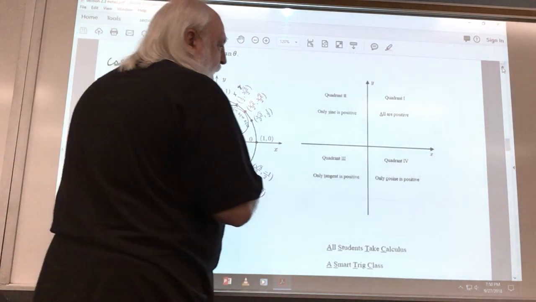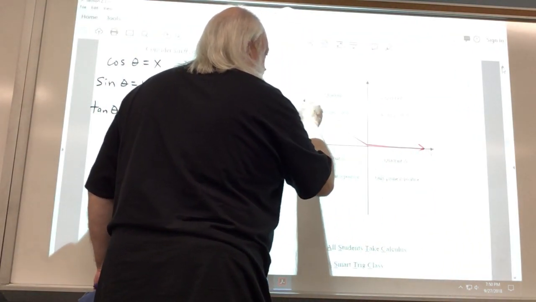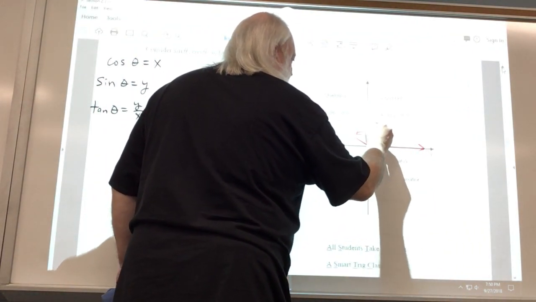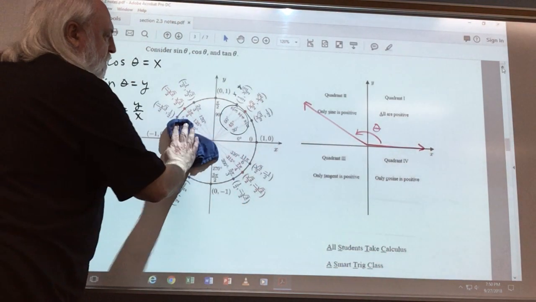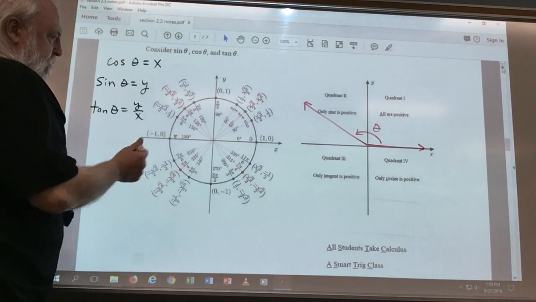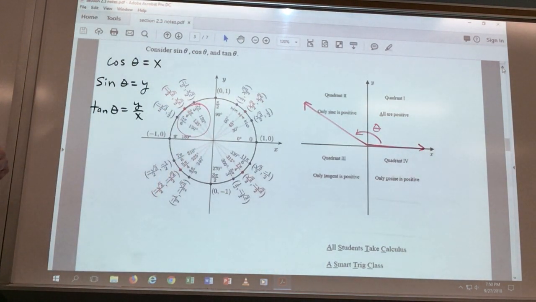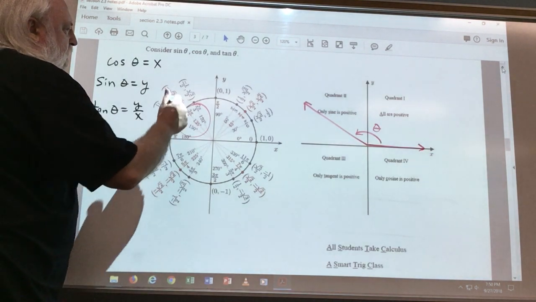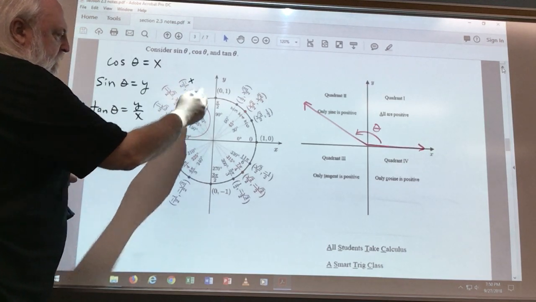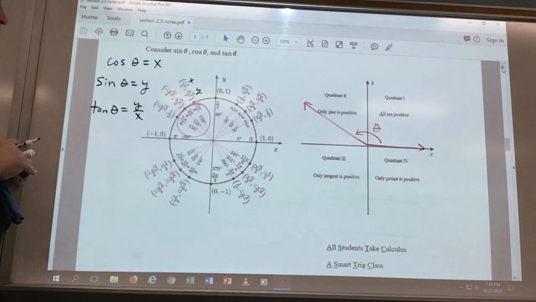For angles in the second quadrant, here's an example of an angle theta in the second quadrant. Looking at the unit circle over here, just looking at these angles in the second quadrant on the unit circle, we see that the x coordinate for each point on the unit circle is negative and the y coordinate is positive.